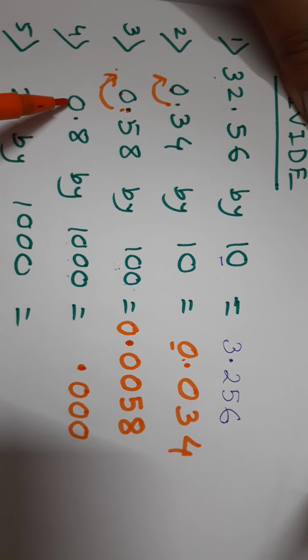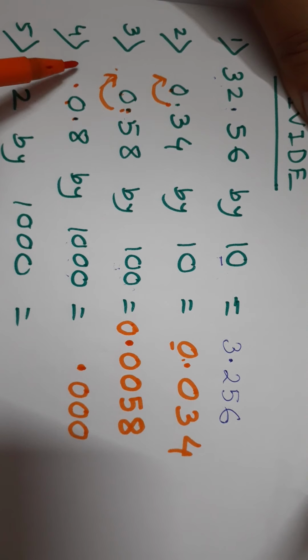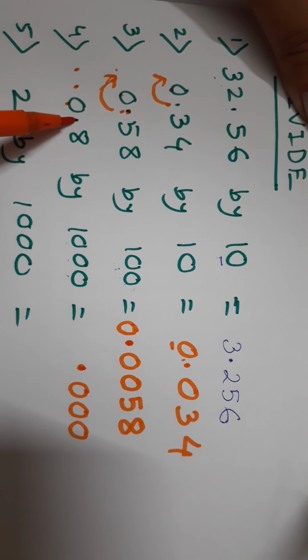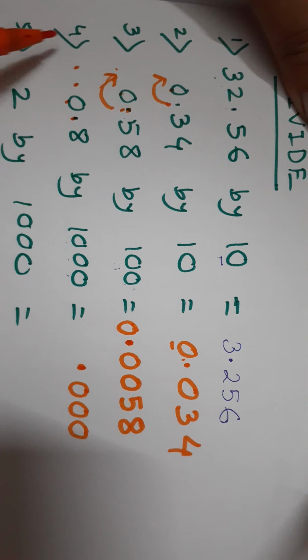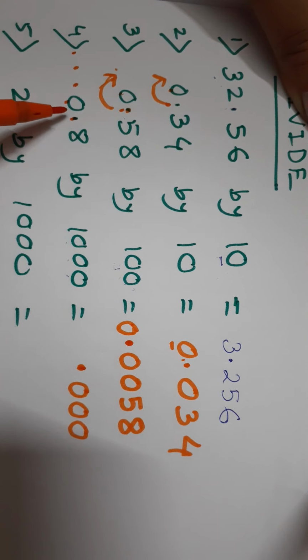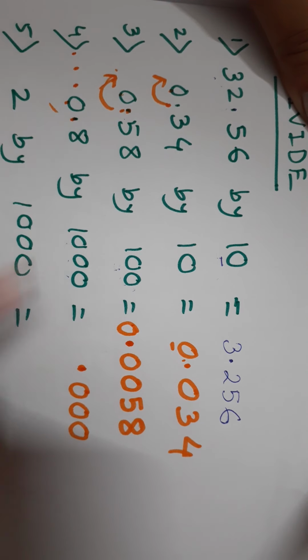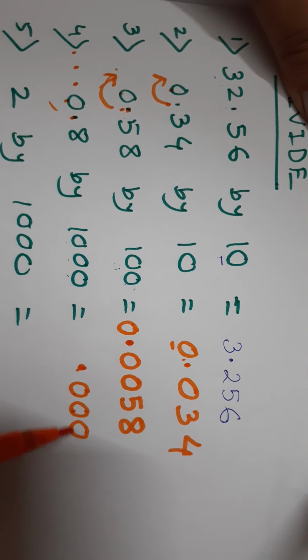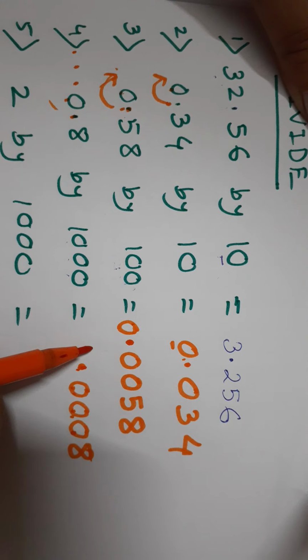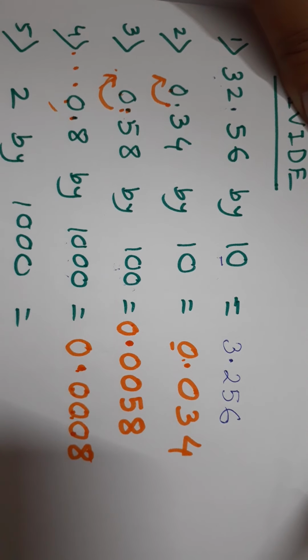That means this point will shift 3 places. So this is 1, and we are considering one more 0, one more 0. Ultimately this decimal point will shift to the left side, and it will sit before the 8. So 0.0008 will be the answer, but we will put one more 0 over here also.